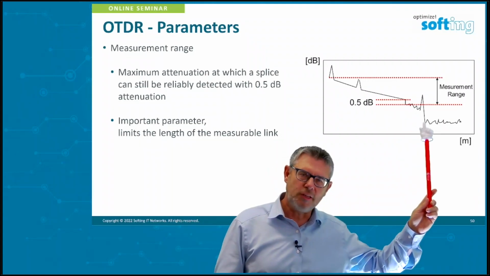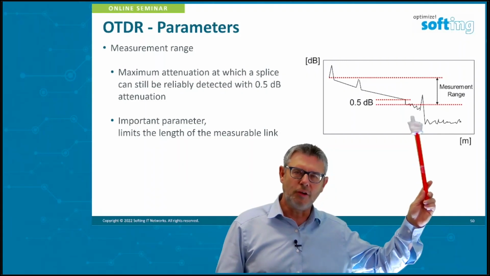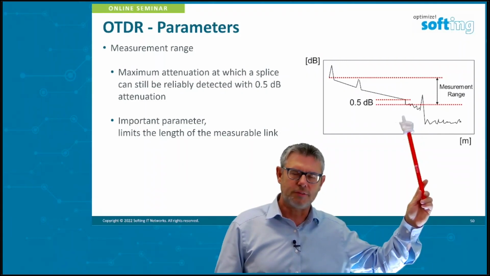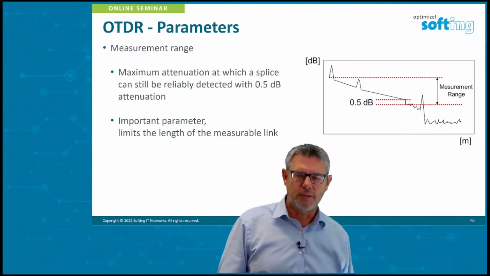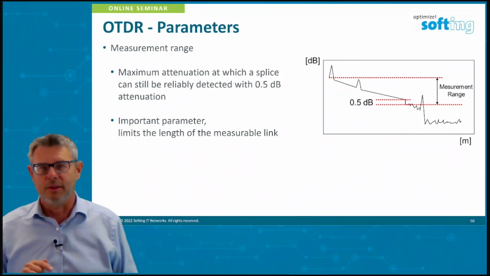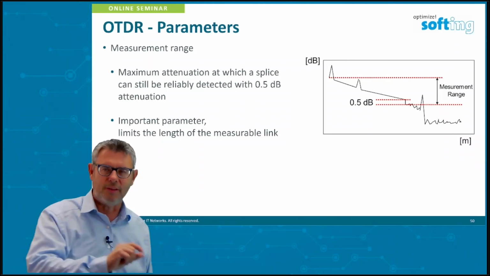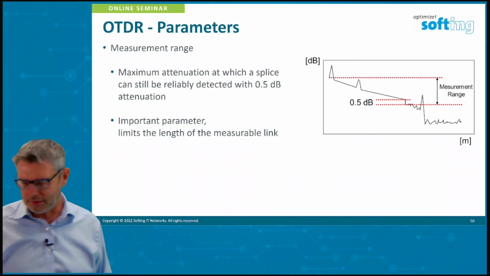It comes down here, more down. You wouldn't see it here because it's disappearing in the noise floor of the trace you see here. So make sure that the measurement range also fits your requirement and is sufficient to see attenuation effects at the end of the link.